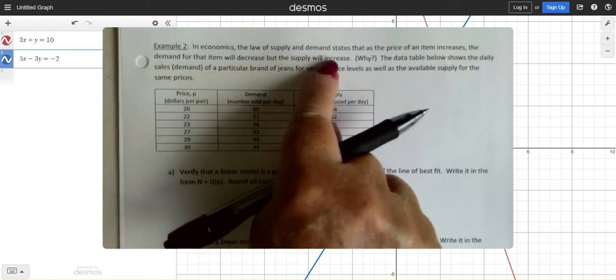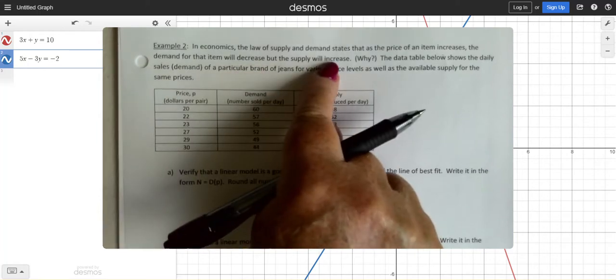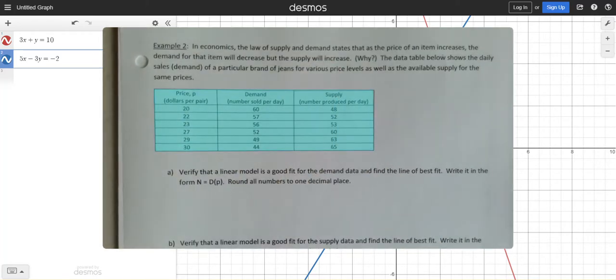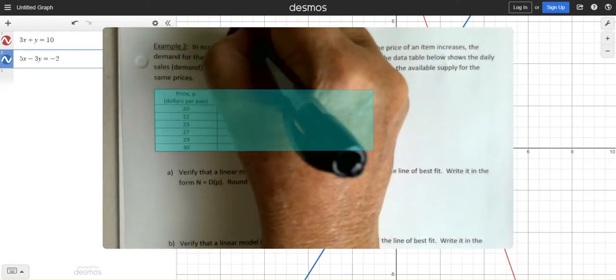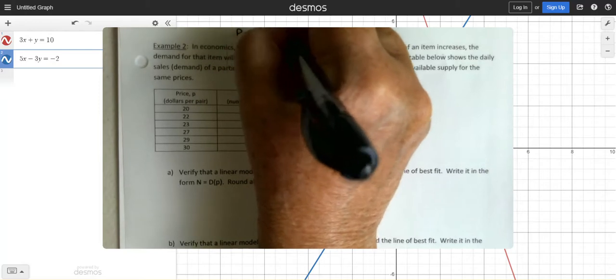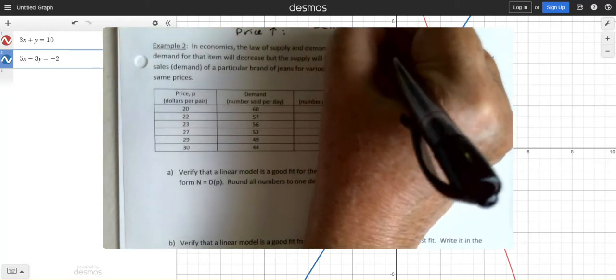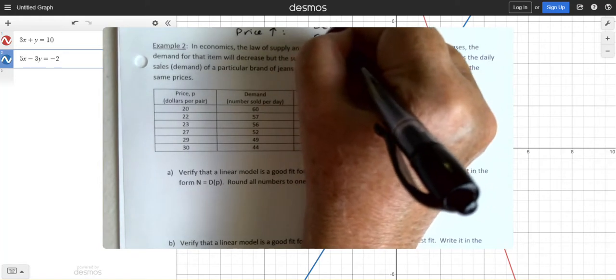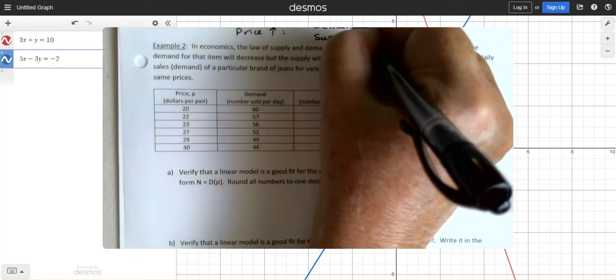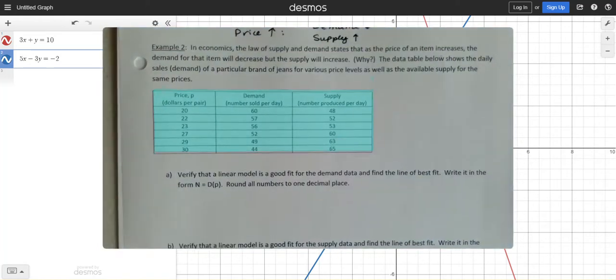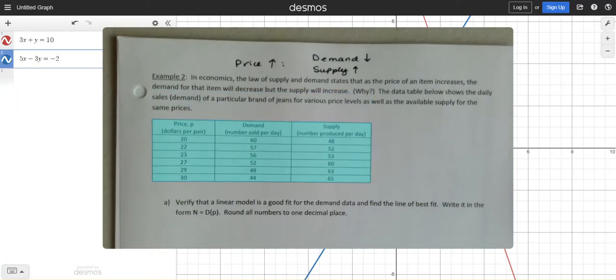But if you're the manufacturer, you want to make more of them because, hey, you're getting more money for it now. So as price goes up, demand goes down, but supply goes up. And we could say the exact same thing in reverse if price went down.